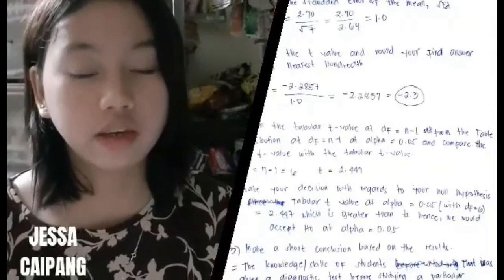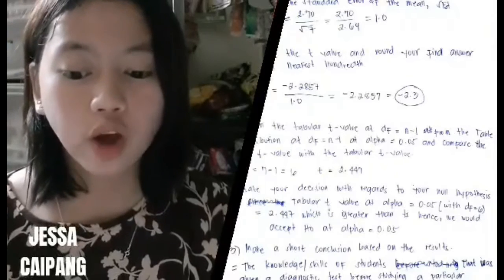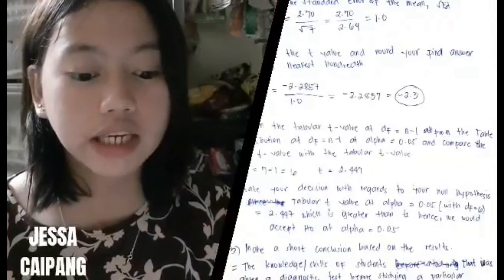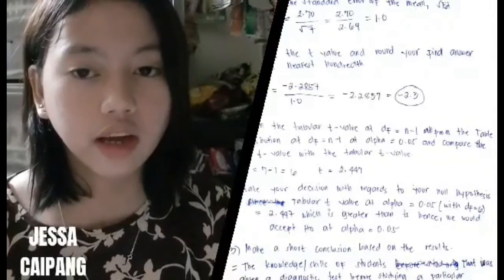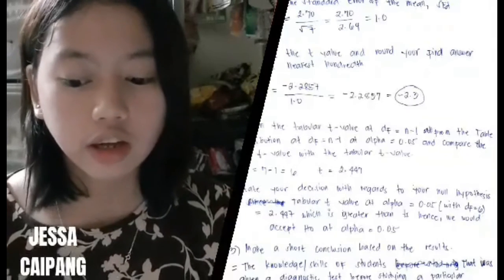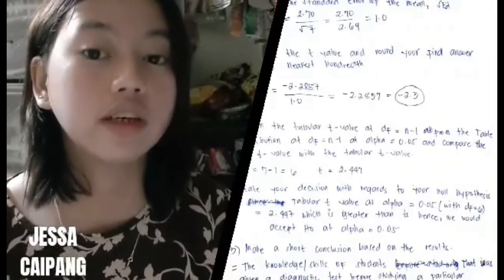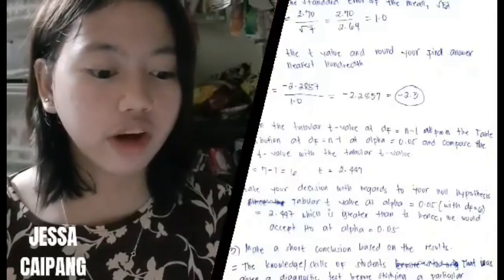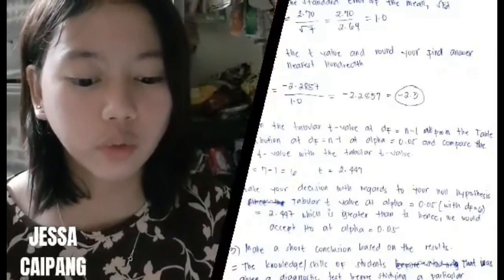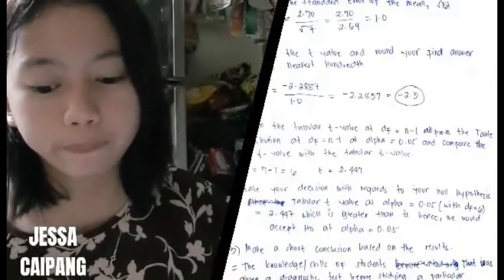Negative 2.3. Next is, obtain the tabular t value at df equals n minus 1 from the table of t distribution at alpha equals 0.05 and compare the computed t value with the tabular t value.